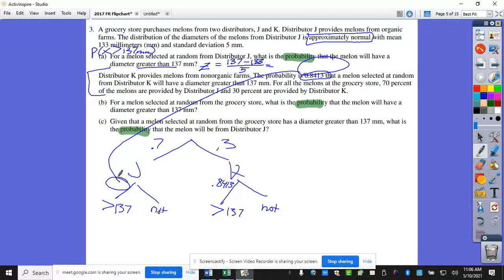So for a melon selected at random from the grocery store, what is the probability the melon will have a diameter greater than 137? What would I do? Okay, so let me come up with a color here. How do I get this number? Multiply 0.3 times 0.8413. So I'm just going to go with, these are my multiply down numbers. How do I get the answer to part A, or part B?